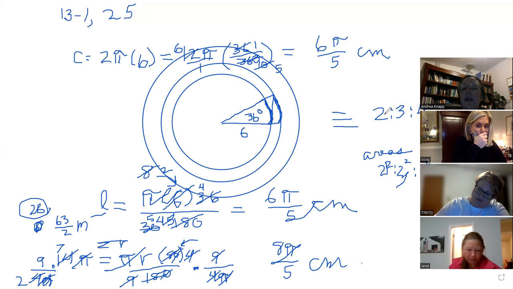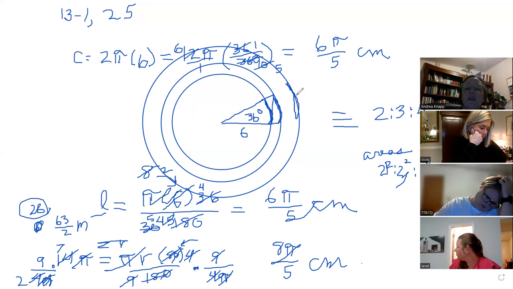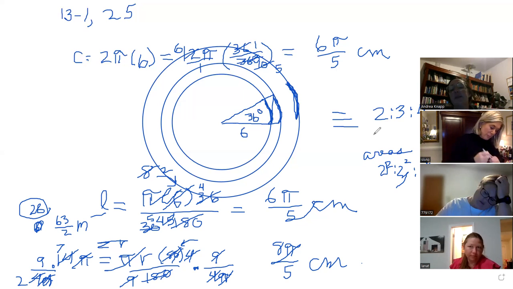So if your radii are in a 2, 3, 4 ratio, the areas would be in a 4, 9, 16 ratio. But in the question they asked about the arc length, which is based on circumference, and circumference is 2 pi r, just r to the first. So it would be the same ratio.